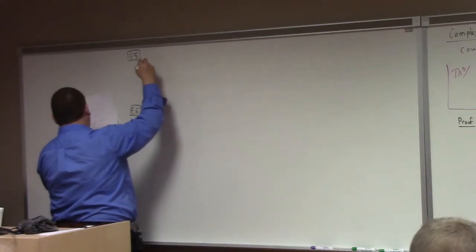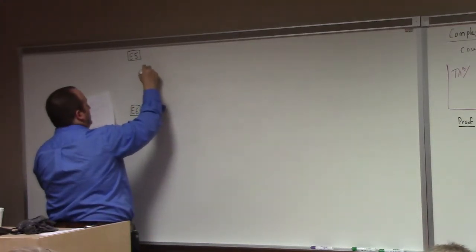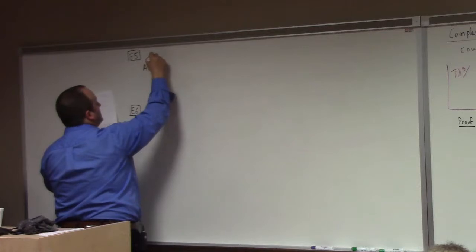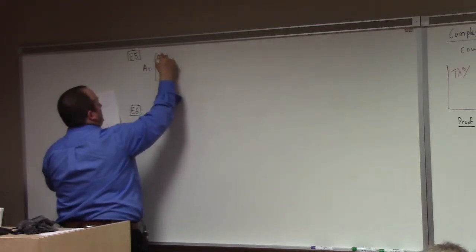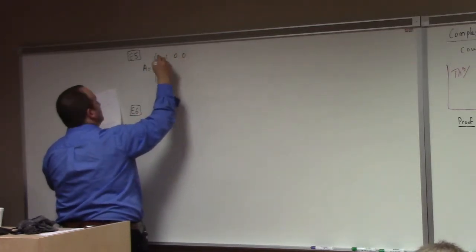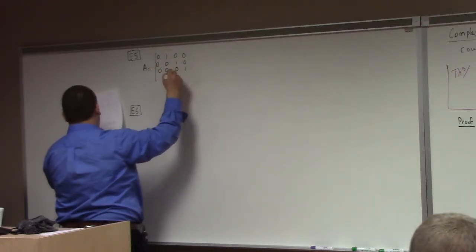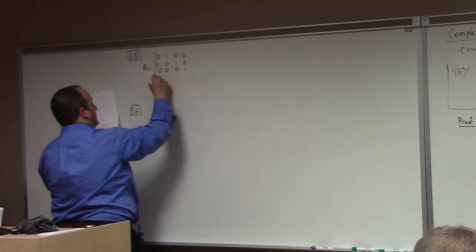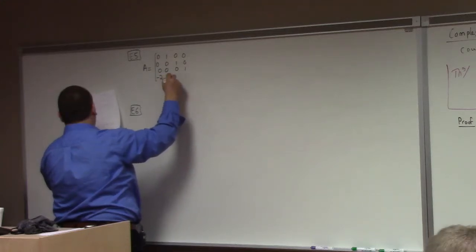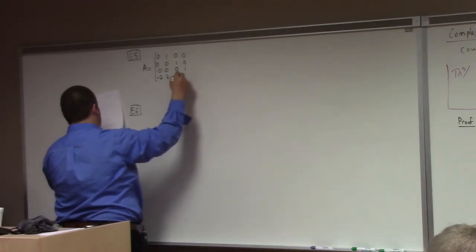So example 5, we're going to look at A equal to 0, 1, 0, 0. It's a 4 by 4 matrix. 0, 0, 1, 0, 0, 0, 0, 1. Minus 2, 2, minus 3, 2.